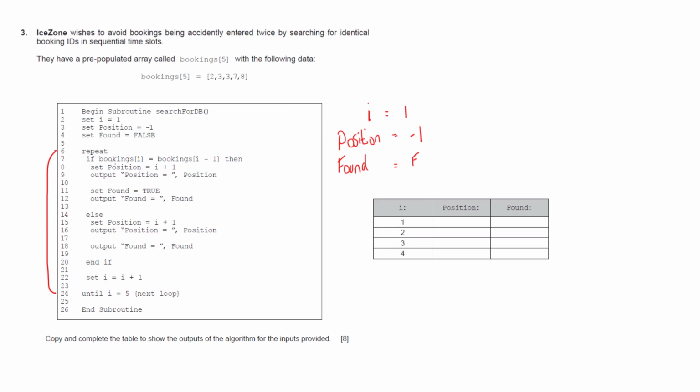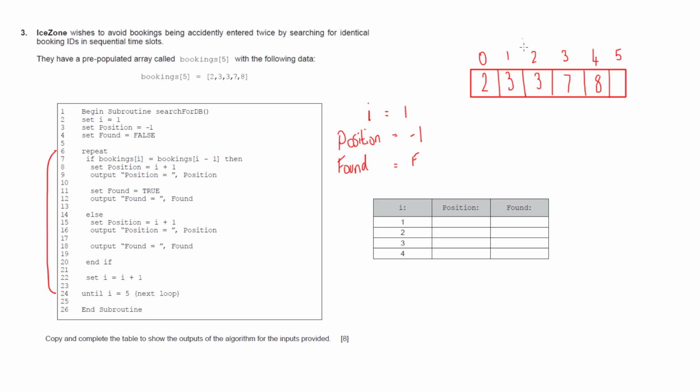Then it says if bookings I. Now there are square brackets here, so I say if bookings at the position of I. Now remember what bookings is. Bookings is an array, and it's been provided with different elements. Remember, arrays are 0 based, so they start at 0, and here it says bookings 5.